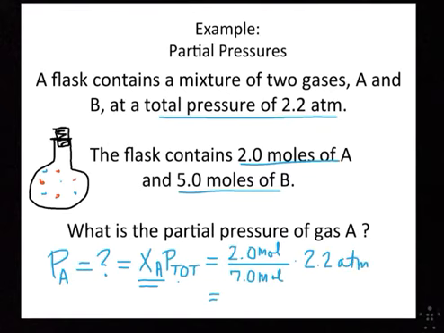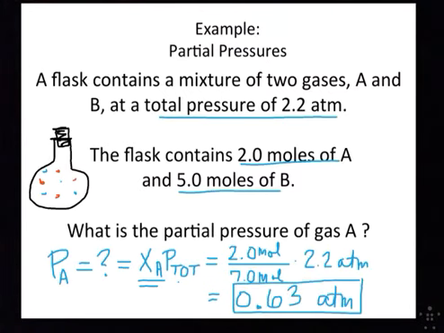So our partial pressure of A is just going to be 2 over 7 times 2.2, or 0.628 or 0.629 atmospheres. If we want to do that to the right number of sig figs, it would be 0.63 atmospheres of molecule A in that flask.